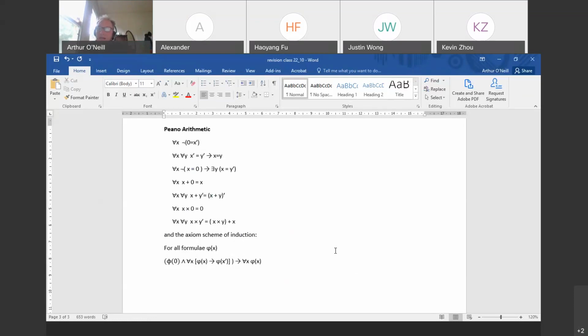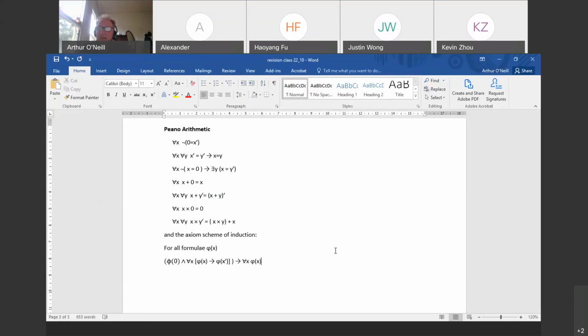then for induction, you need an axiom scheme. So for any formula, for any property, if you like, that you can define within the language of arithmetic, if you can show that the property is true for 0, and the upside down v is an "and," and you can show that for all x, if the property is true for x, then it's true for the successor of x, then you can conclude that the property is true for all x.